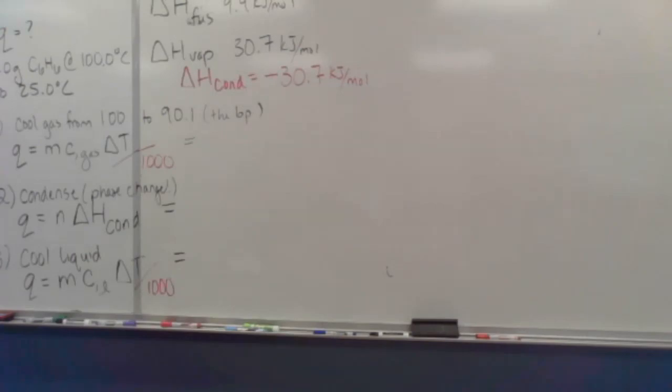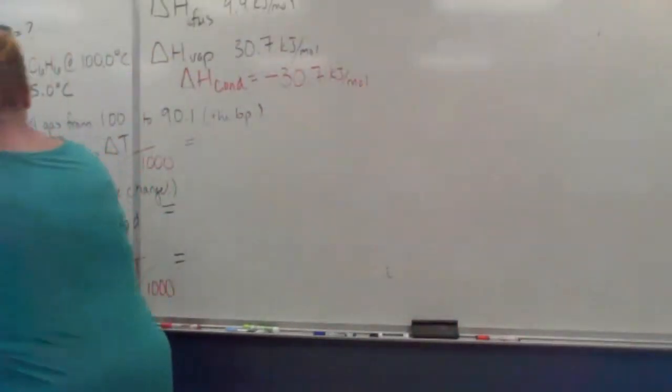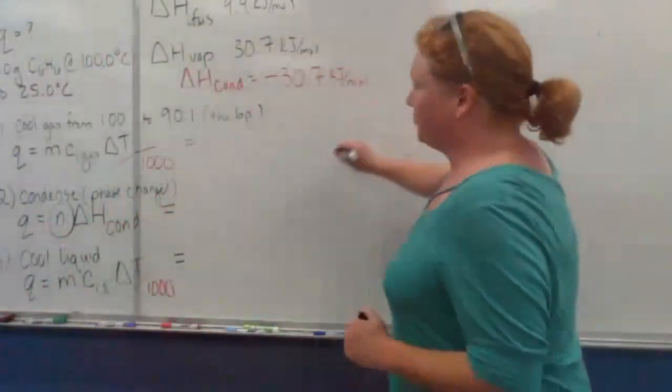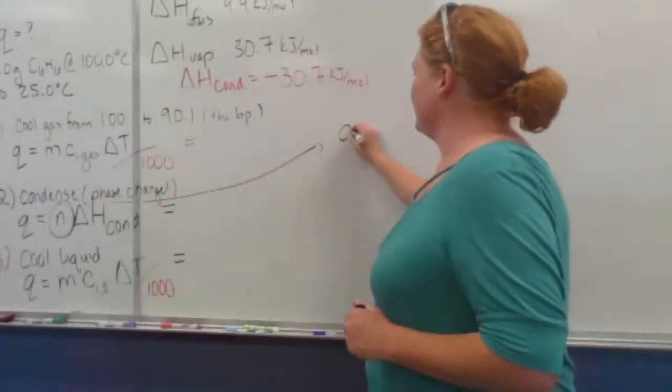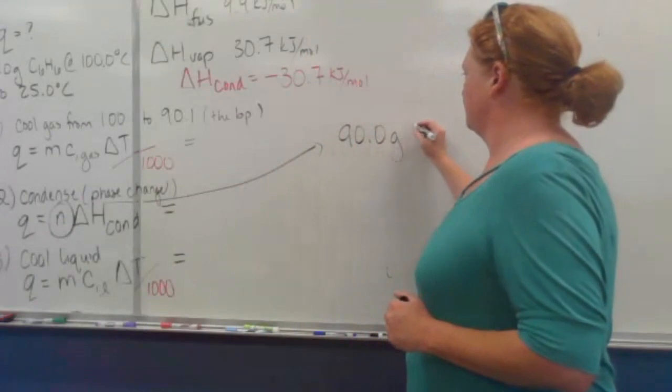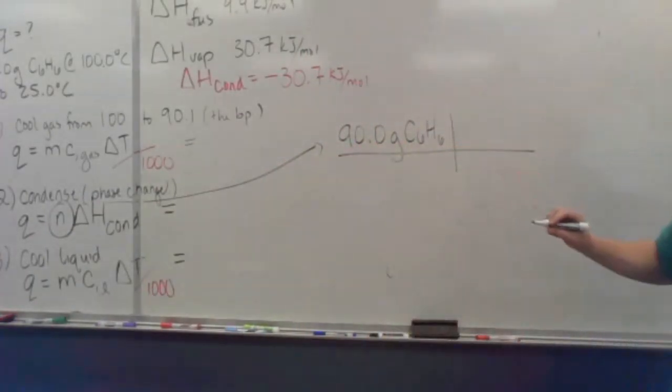So you have a question about condensed phase? Oh, okay, wait a minute. So right here, you are using the molar mass there. You should be using the actual number of moles. How do you calculate the number of moles, you guys? Take your grams, 90.0 grams of benzene, and divide it by the molar mass.